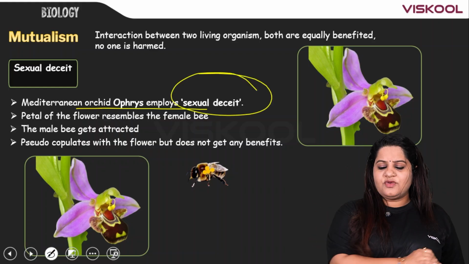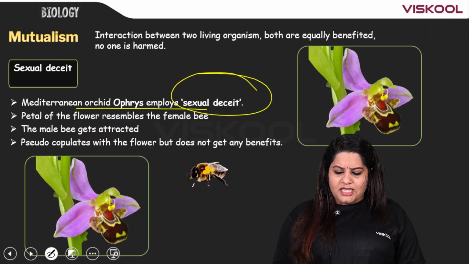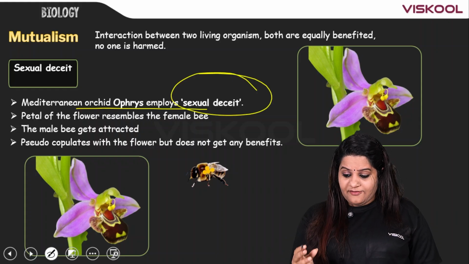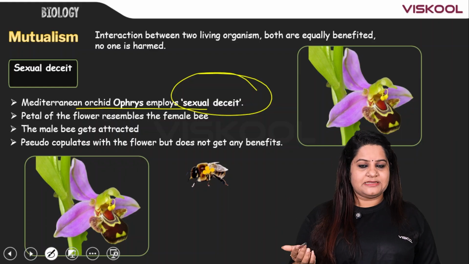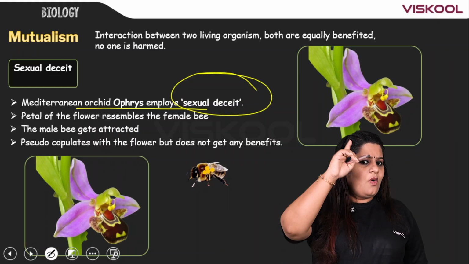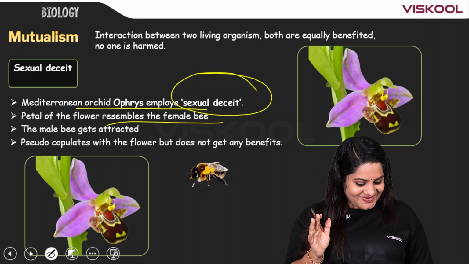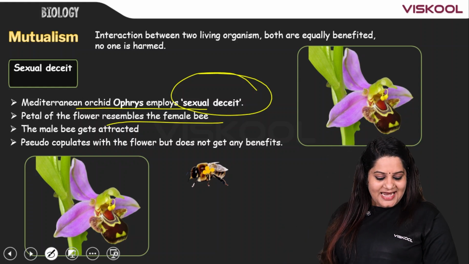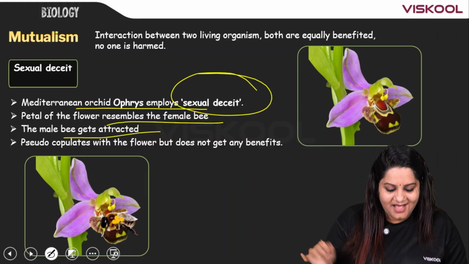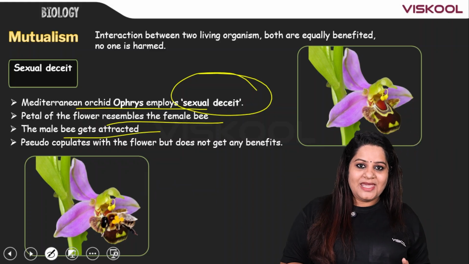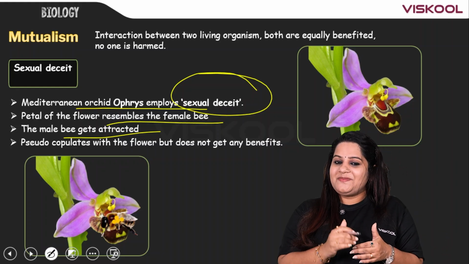It employs sexual deceit. What is this sexual deceit here? Let's see. The flower will be having petals, right? Among those petals, one petal resembles a female bee. So the male gets attracted towards our flower. It has been mistaken that it is a female bee.